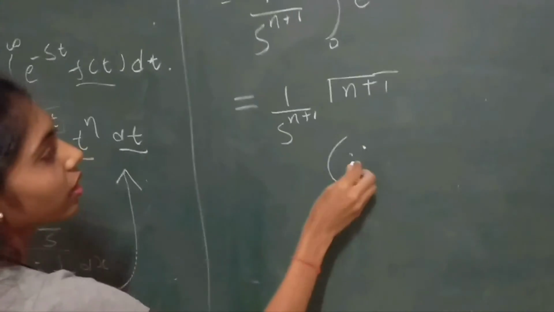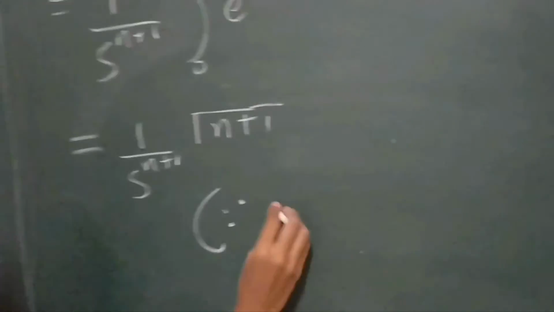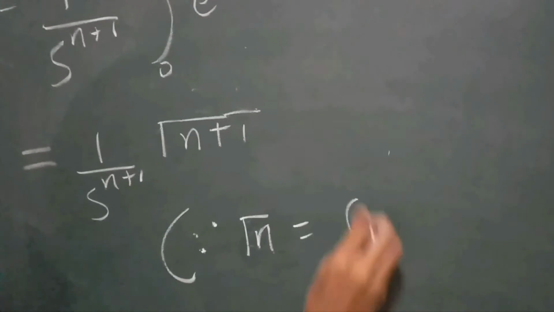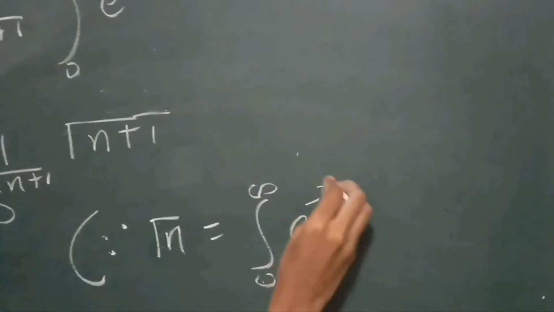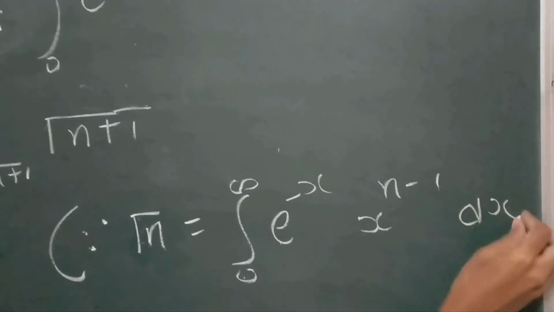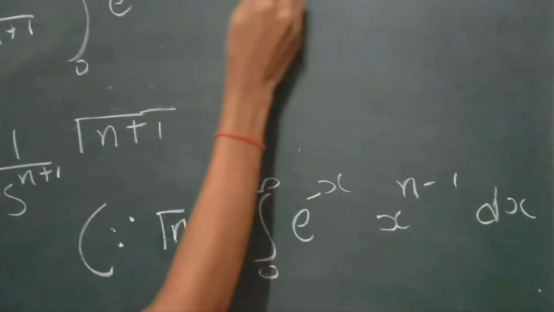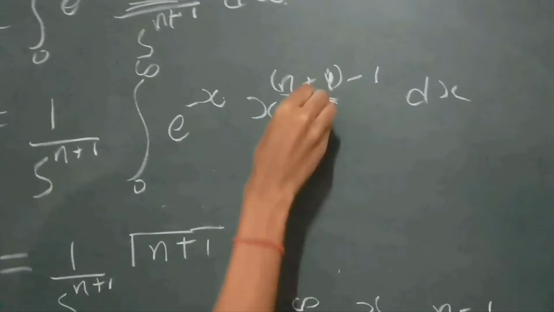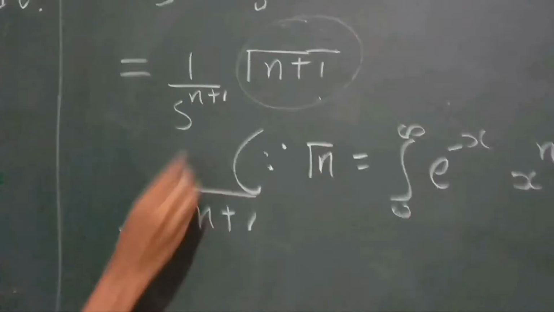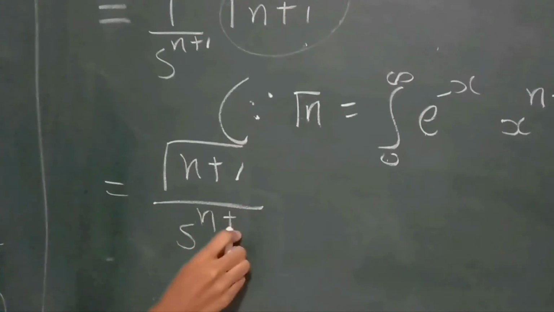The formula is gamma n is the integral from 0 to infinity of e raised to minus x, x raised to n minus 1 dx. Here n is replaced by n plus 1, so gamma n plus 1 upon s raised to n plus 1.